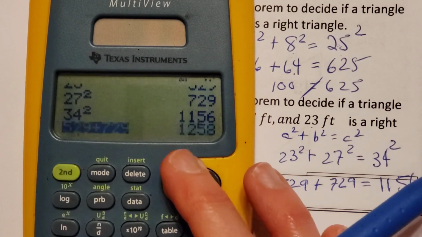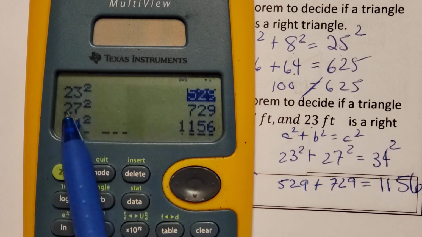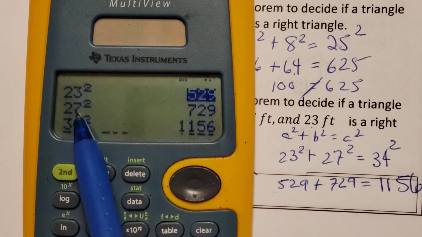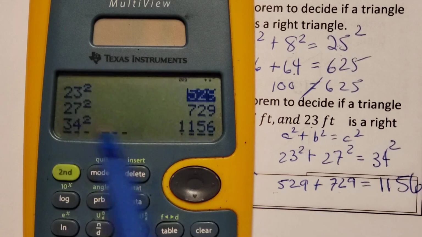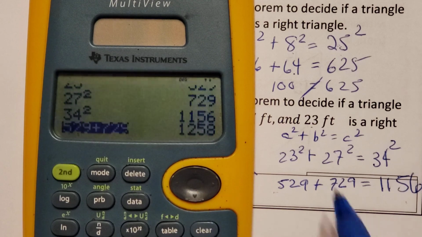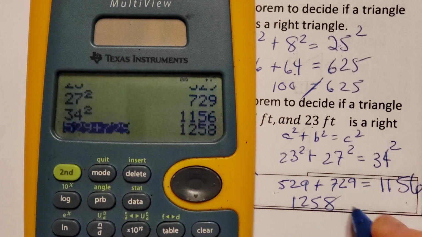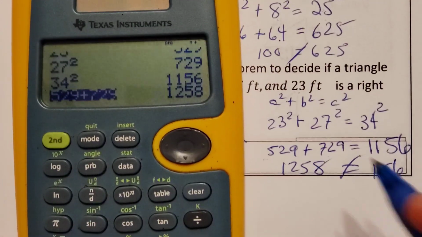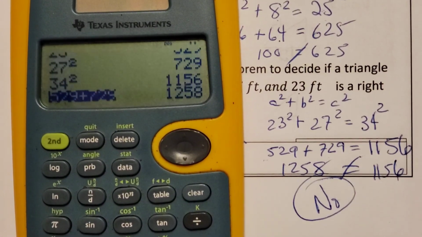Did I use 23? Yeah. So 23 squared is 529, 27 squared is 729, and 34 squared. So those two numbers equal 1258, which does not equal 1156. So once again, the answer is no.